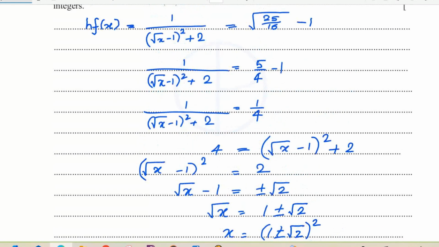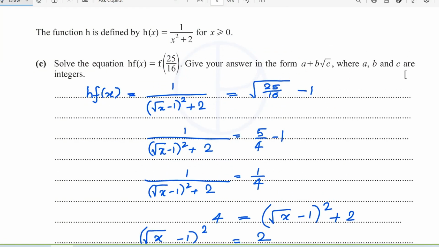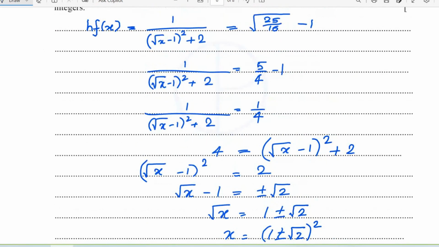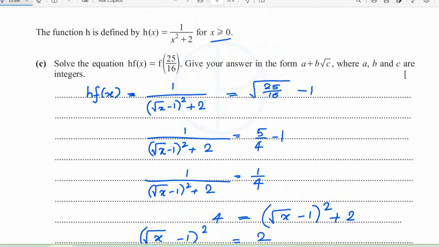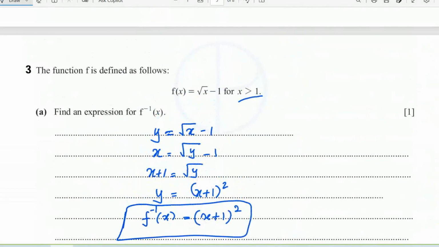Here x takes two values. Greater than or equal to 0 is for the function h of x, but we have to consider the function f of x. So for the function f of x, x value is greater than 1.